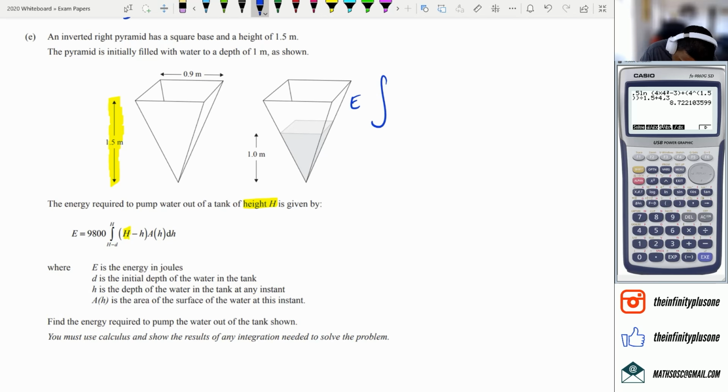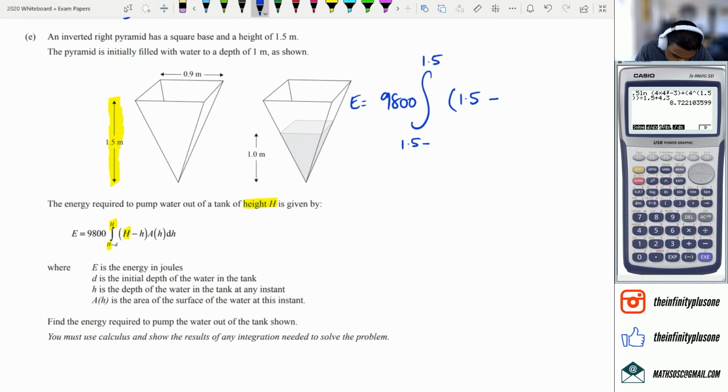So E is equal to 9,800. Capital H, oh, there's a capital H there as well, right here. That's going to equal 1.5. So any other capital H's? I've got another capital H there. So let's put that down there. So that's going to be 1.5 and 1.5 minus something. And I've got 1.5 minus.